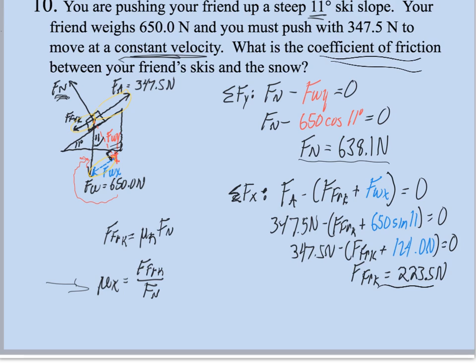Well, it's right here. The coefficient of friction is equal to the friction force divided by the normal force. What's the friction force? 223.5. What's the normal force? 638.1. So when I divide those out, I get 0.350 for my coefficient of kinetic friction.